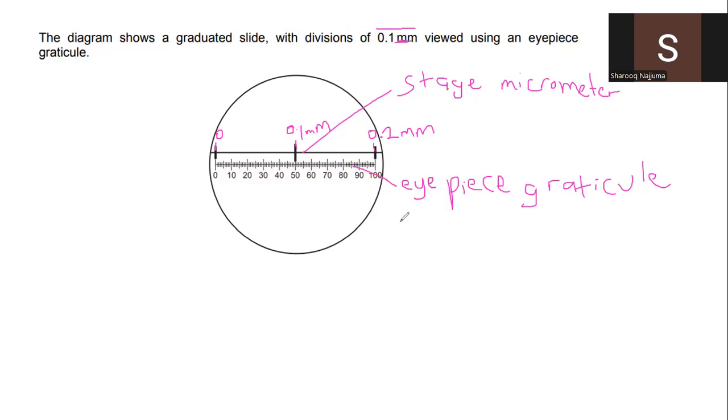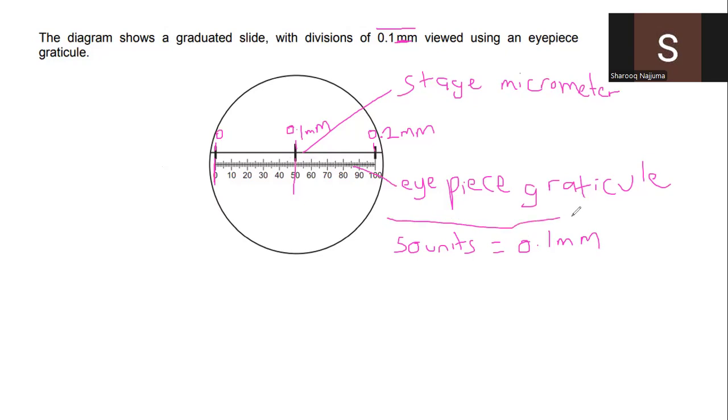I can consider any section, for example from here to here. From here to here, those are 50 divisions because it's starting from 0 up to 50. That means 50 eyepiece graticule units, or 50 divisions of the eyepiece graticule, are equivalent to 0.1 millimeters, because you can see that 50 is well aligned with the 0.1.